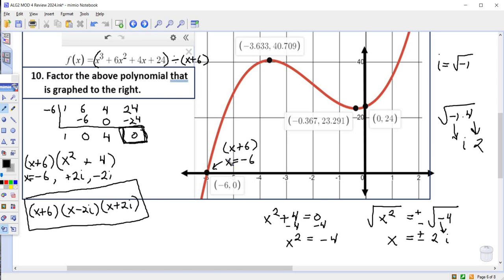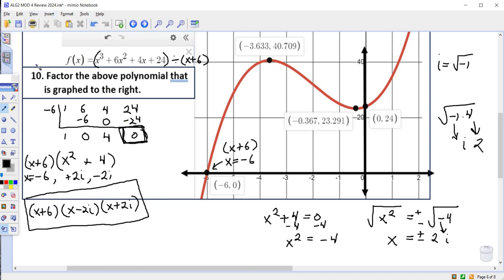Graph it, find real factors and divide them out. That drops this polynomial from a cubic to a quadratic, which is easy to factor. Quadratics are easy to factor. It makes this problem a lot easier. Oh good, it crosses the x-axis, I can divide something out and make this quadratic. That moves down to a quadratic, and then factor that quadratic. Plug it into the quadratic formula. Here we applied square roots.